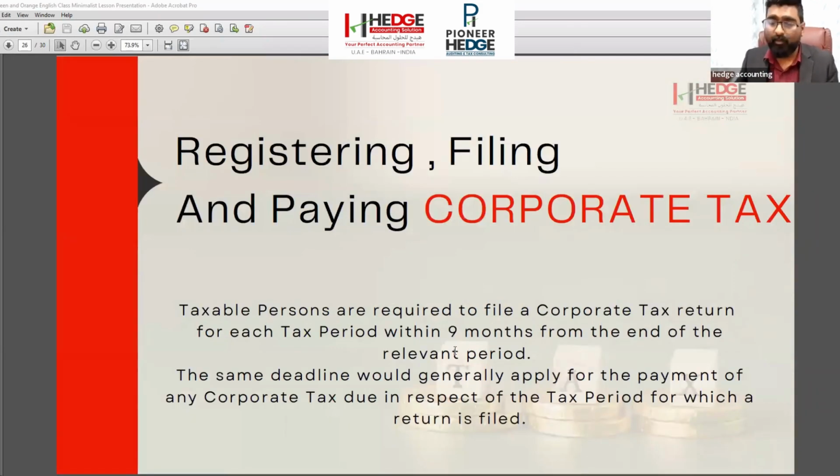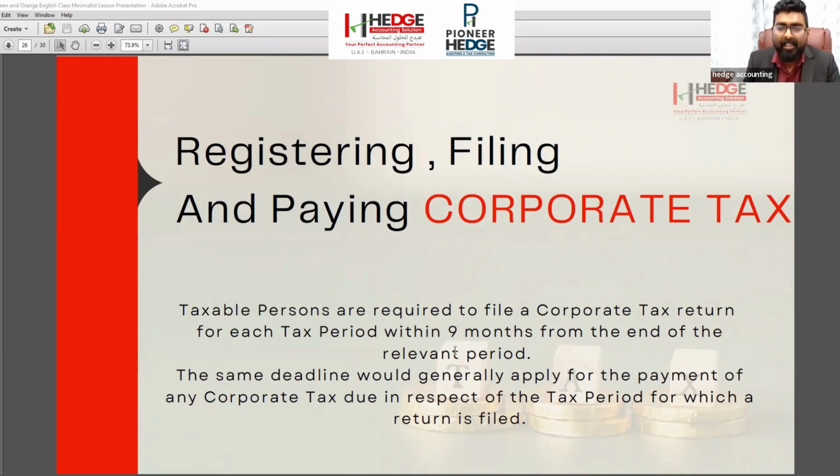And the next main thing: when to register, when to file, and when to pay the corporate tax. Registering, filing, and paying corporate tax is a common doubt we have seen in all of our clients. When to file and when to pay this corporate tax, you have 9 months from the end of your tax period. For example, Anjit has clearly stated what is a financial year and what is a calendar year.